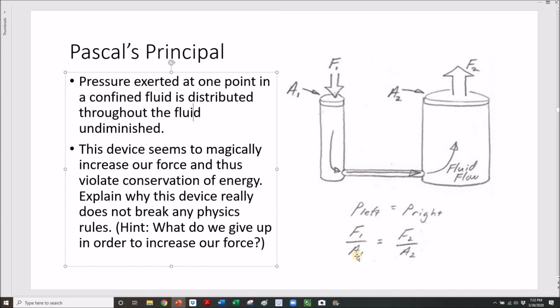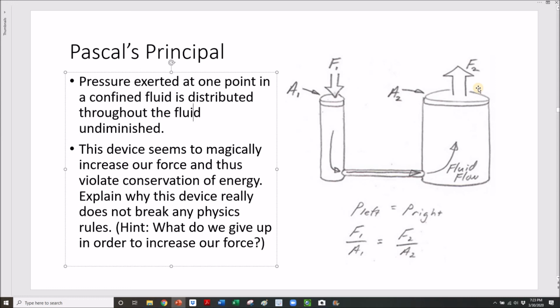So a reasonable size force divided by a small area gives you a big pressure, and that big pressure is transmitted over here. And if you have a large area over here, then this force is going to be much larger in the ratio of the two areas. So if this area is 100 times bigger than this area, you get out 100 times more force.